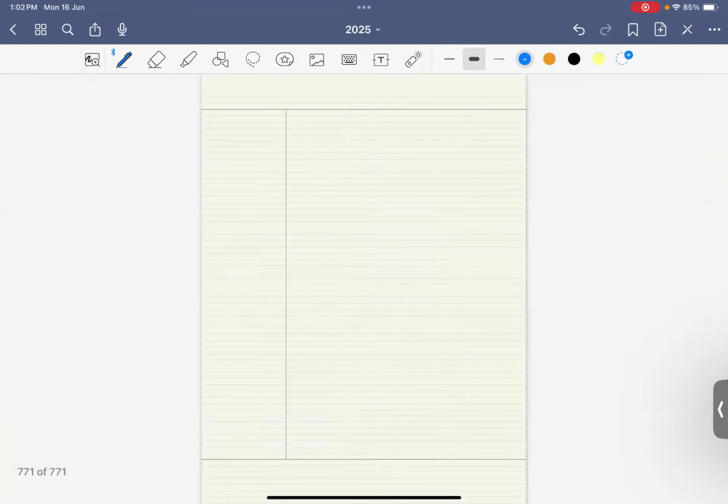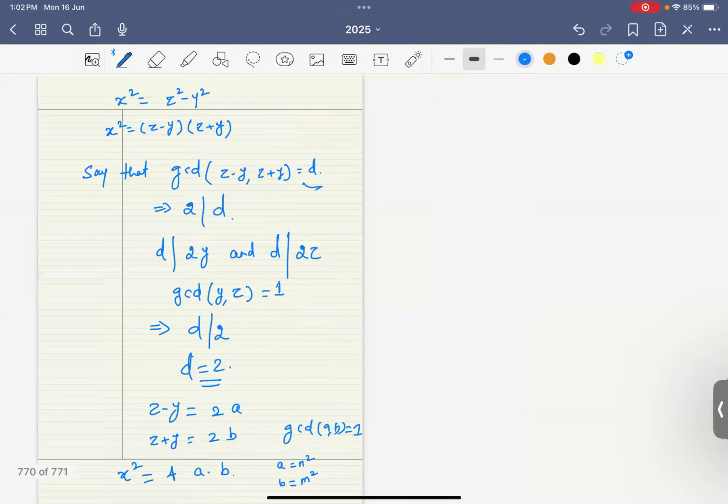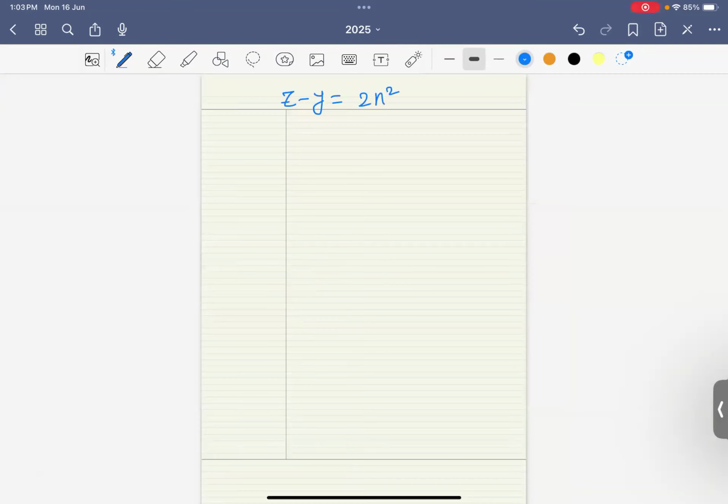So z minus y must be equal to 2n square, and z plus y should be equal to 2m square. If you solve this, you'll get z is equal to m square plus n square, and you get y is equal to m square minus n square.